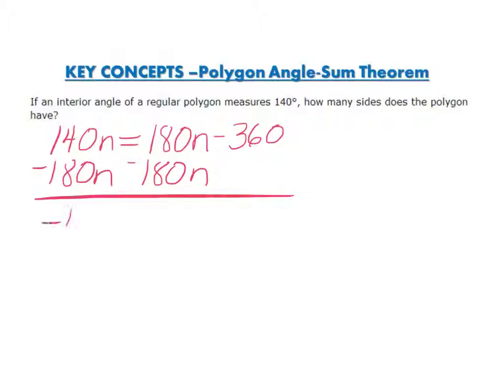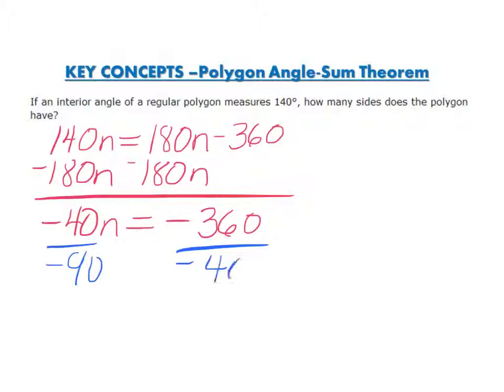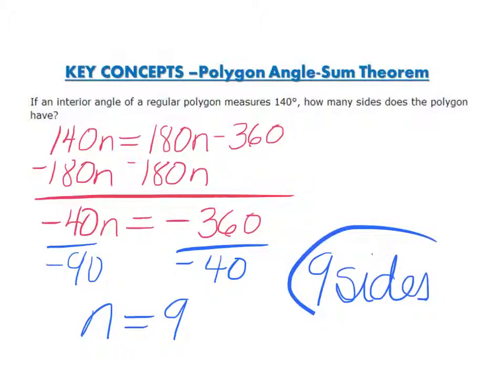So I have negative 40n equals negative 360. Divide both sides by negative 40. N equals 9. This polygon has 9 sides.